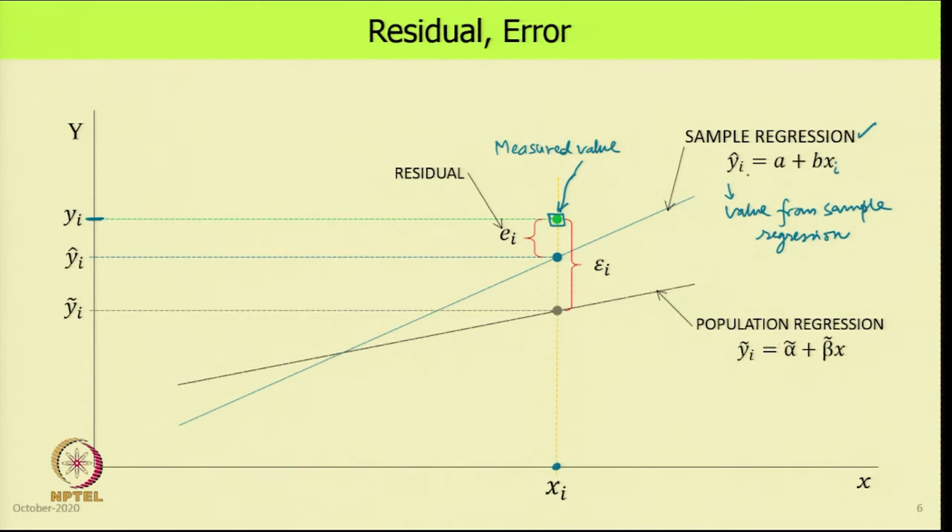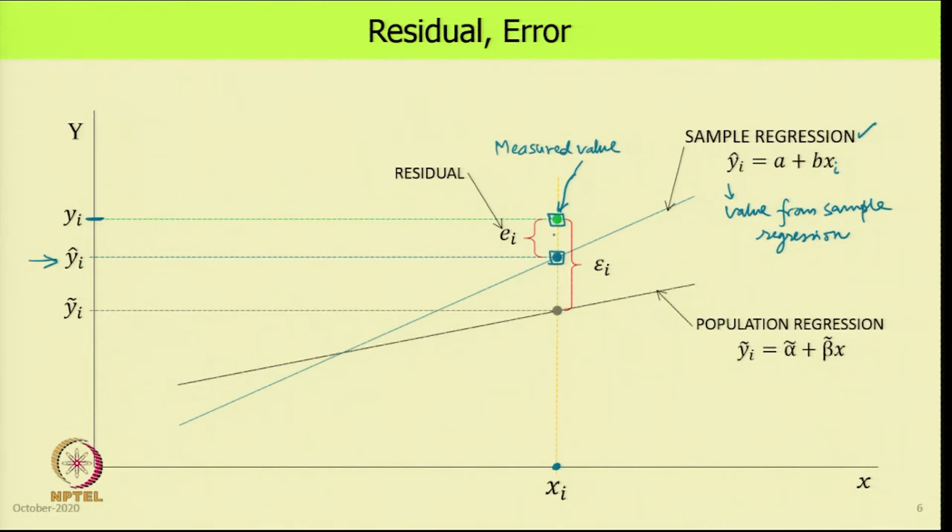And the I denotes that this is the ith reading. For x I, the corresponding measured value is y I, which is this point, and this is here as y I hat. That is the point we have got from a sample regression.